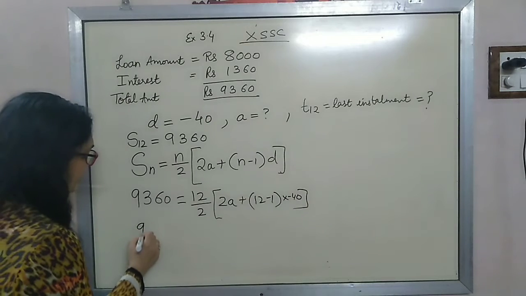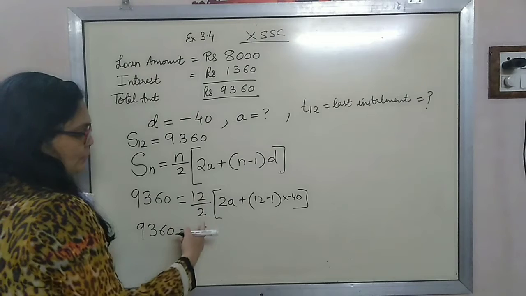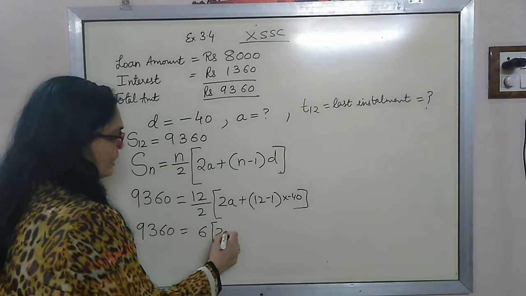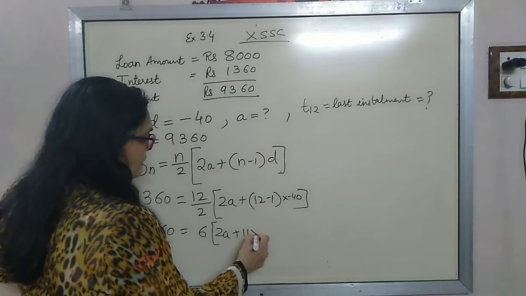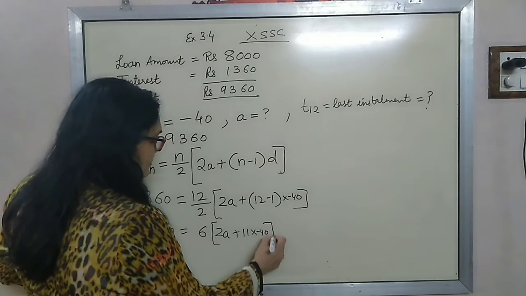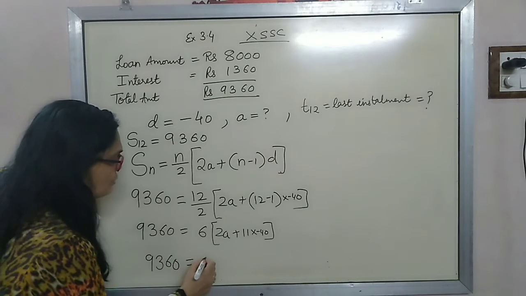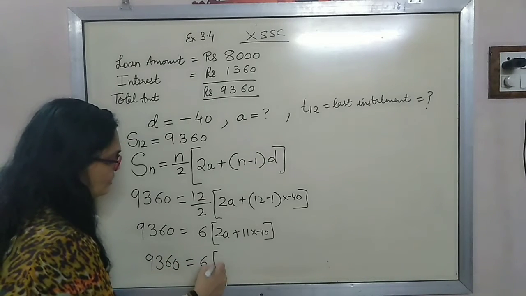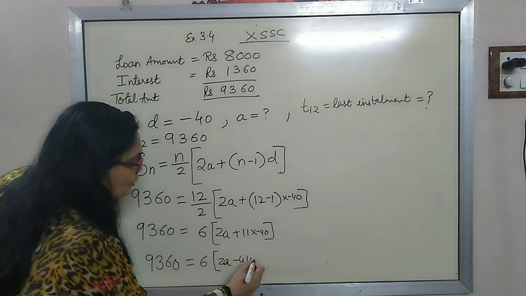Okay, so 9360 is equal to 6, 12 upon 2 is 6, 2a, 12 minus 1 is 11, 11 multiplied by minus 40. So 9360 is equal to 6 into 2a minus 440.